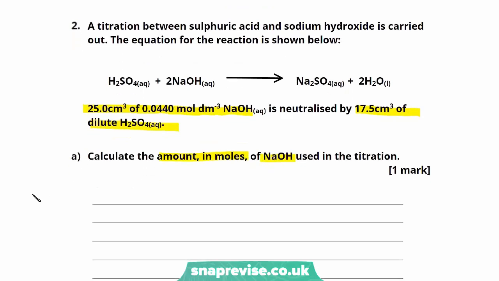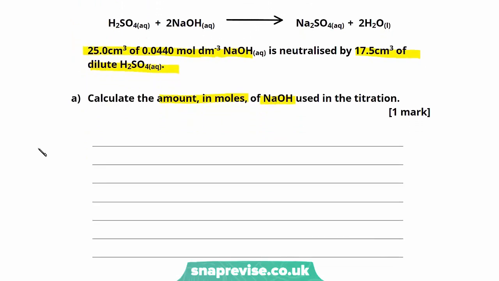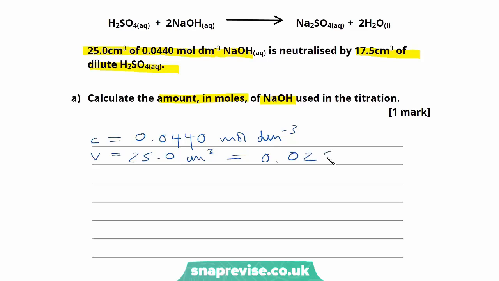Now, this is very similar to the second step of the equations that we were doing before. So write down what we know. We know that the concentration is equal to 0.040 moles per decimeter cubed, and we know the volume is 25.0 centimeters cubed, which is 0.025 decimeters cubed.